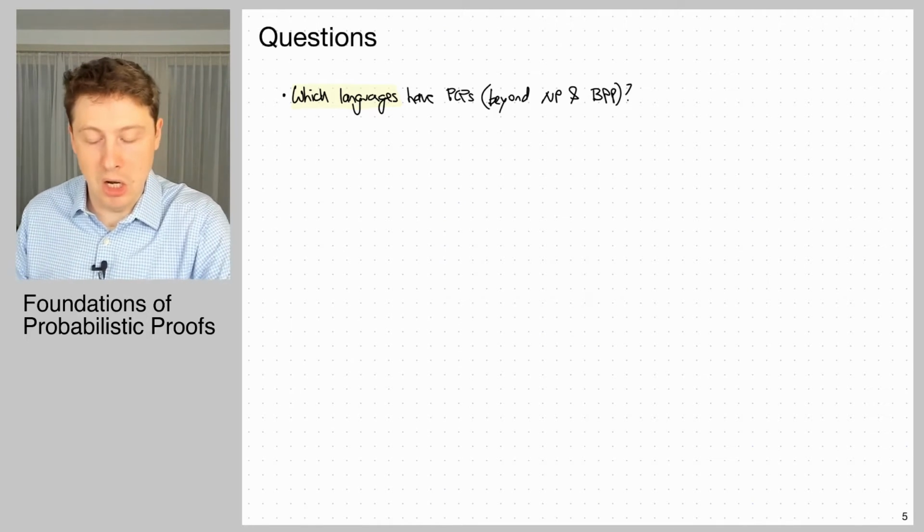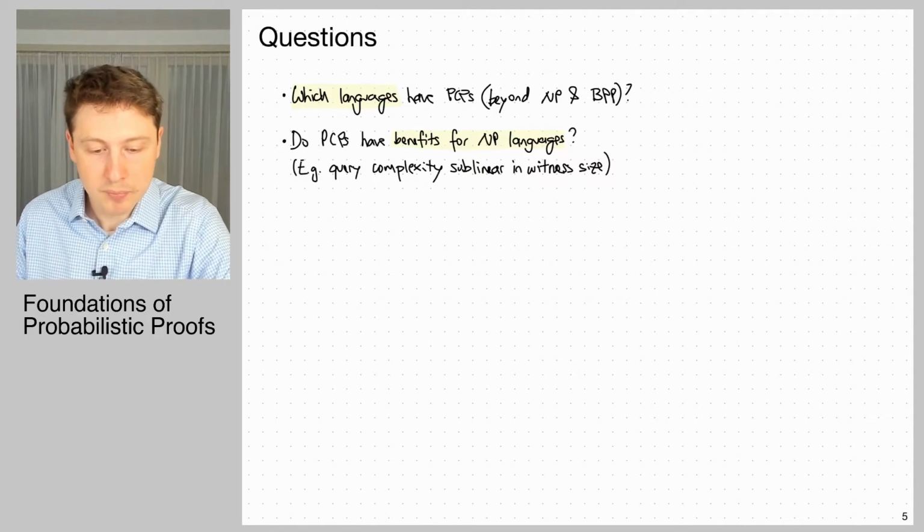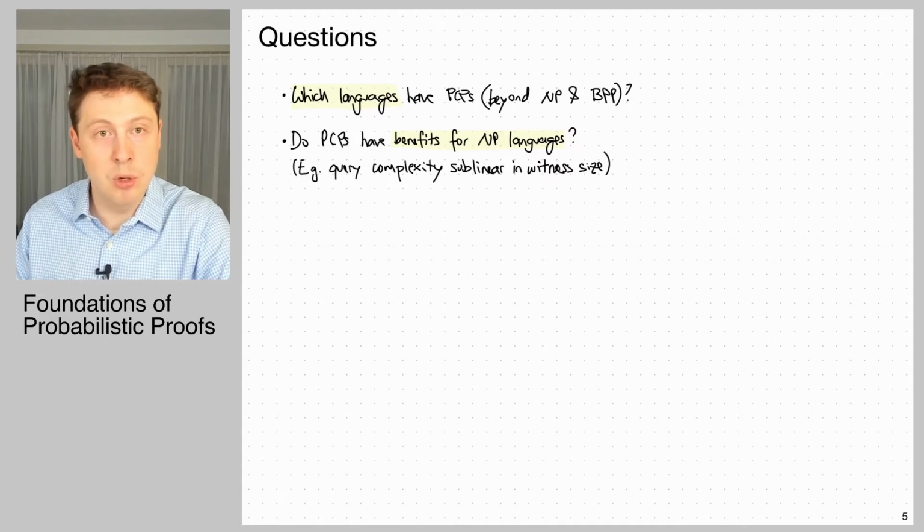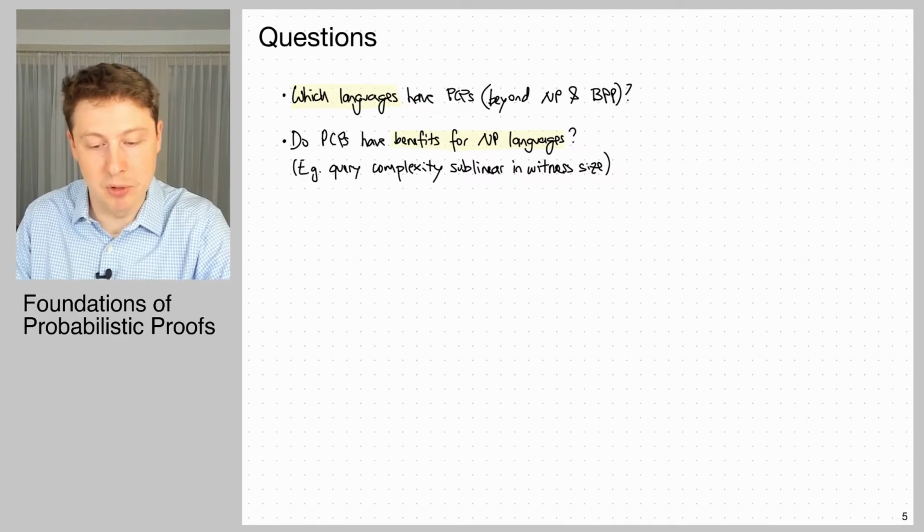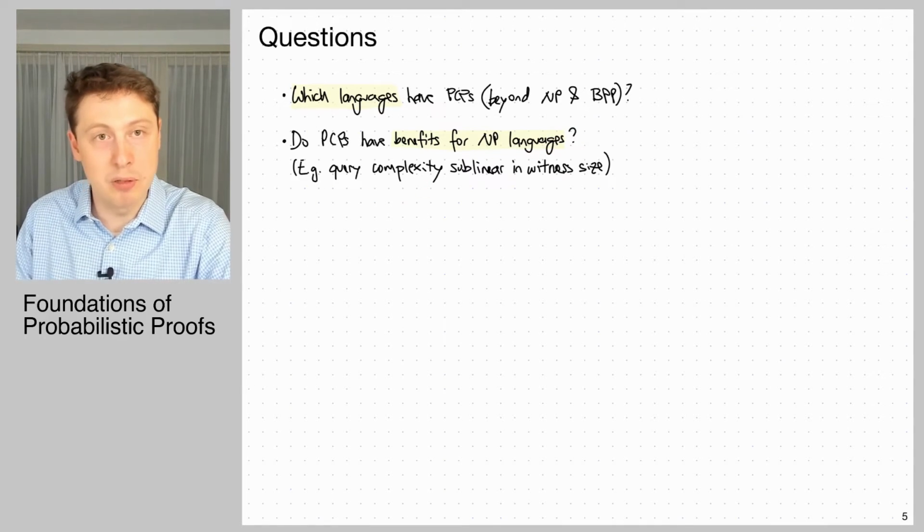Is it a lot beyond NP and BPP? Do PCPs have benefits for the languages we already have, NP? For instance, we saw that for interactive proofs, we didn't get such great, interesting interactive proofs for NP languages. Could we hope, for example, for query complexities that are sublinear in the witness size?